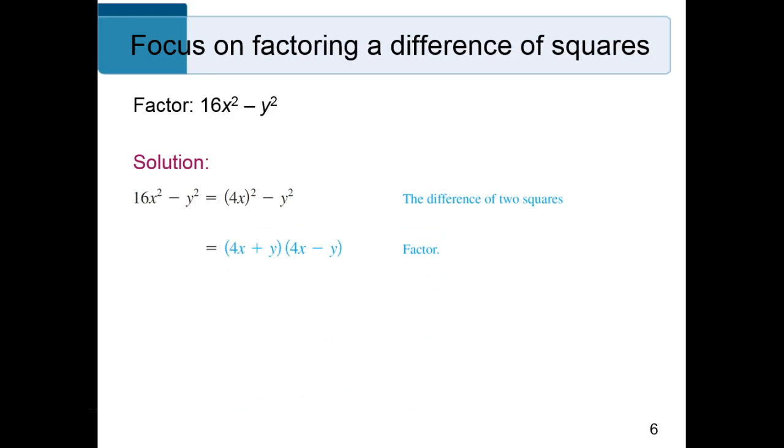So that would be 4x plus y times 4x minus y, or in whichever order you want to write it. We did it. You got it right. There's a check your understanding 1 at the bottom of the page. Anyone need to see that, or are you going to do that on your own? On their own. Okay.